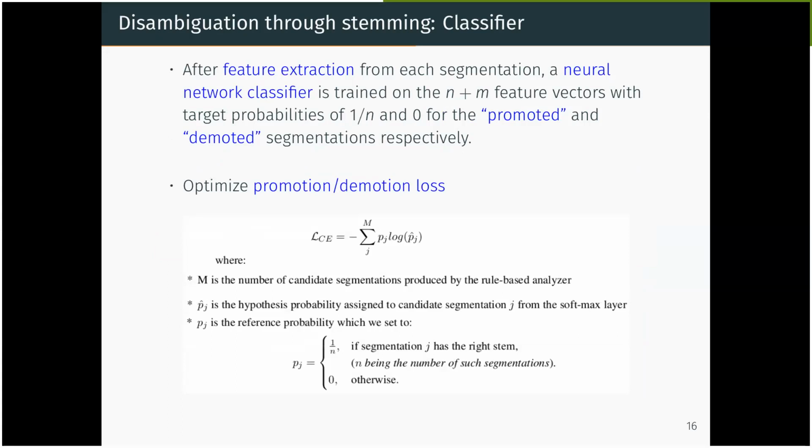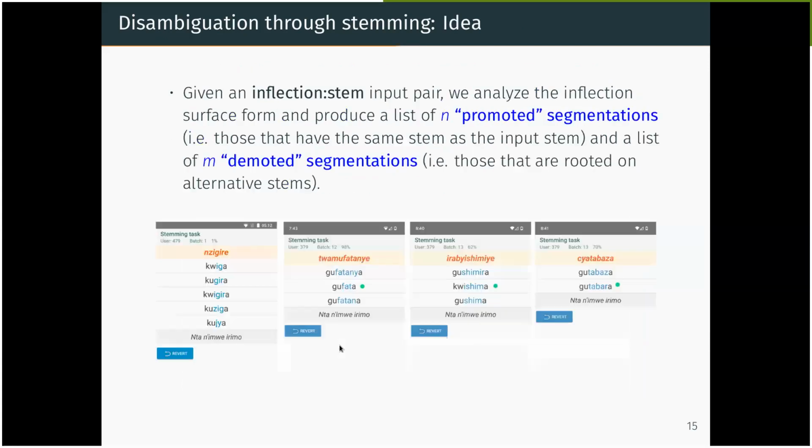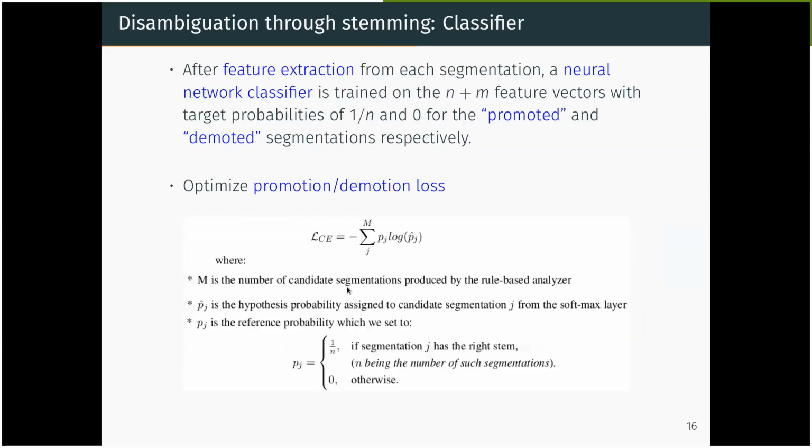I'll talk more about the features, but the idea is, when you get the data set, a data set like this, for the things that people have said are the most probable, you give the probability of 1 over n. So if you have 5 valid segmentations that have the same stem, you give them the probability of 1 over n.